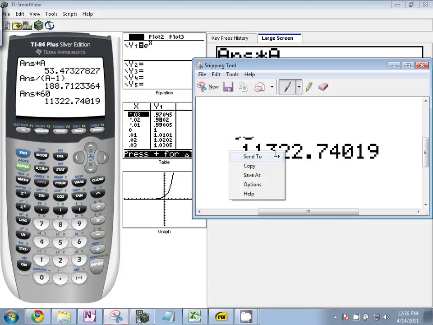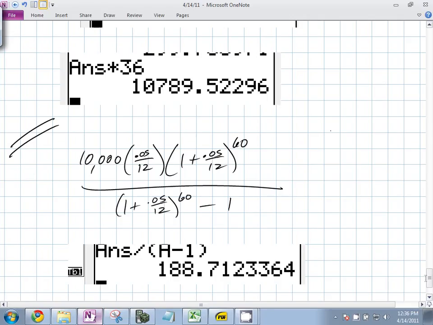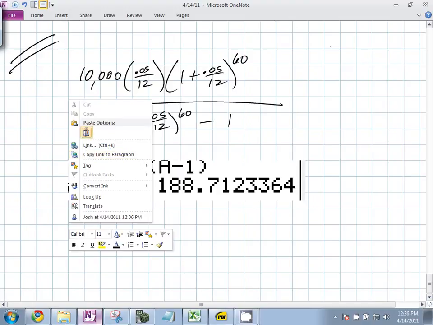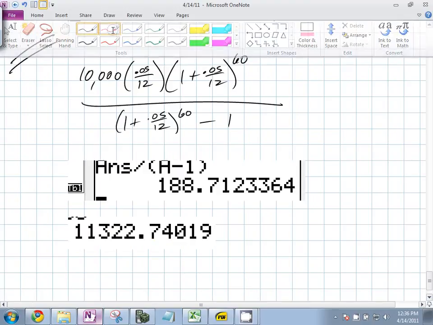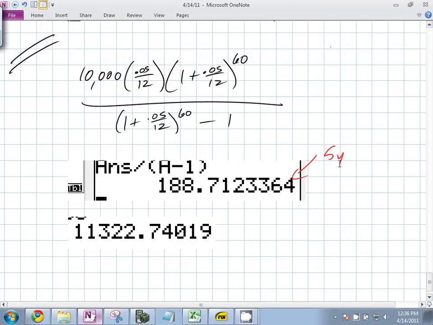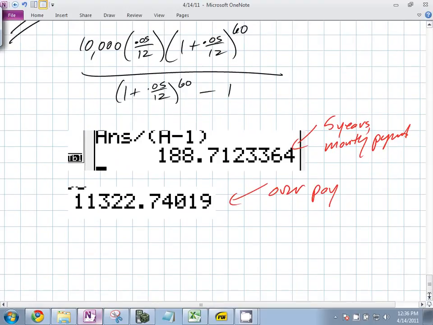So that's your monthly payment, but let's answer the question. So that would be your 5 years, your monthly payment. Overall pay, that's how much you pay overall. But how much interest is that? $1,322.74 in interest.